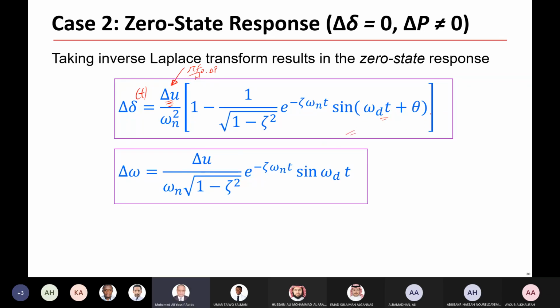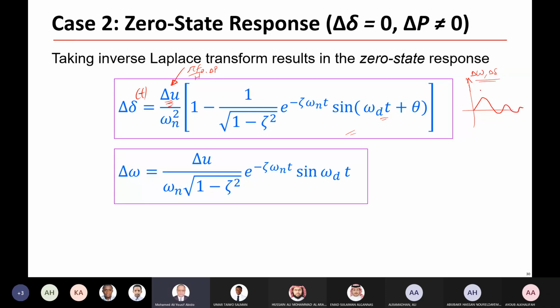So as you can see here, if the system is stable and you have a damped response, if you are talking about delta omega or delta delta, then you start from here, from 0. So this would be the response.